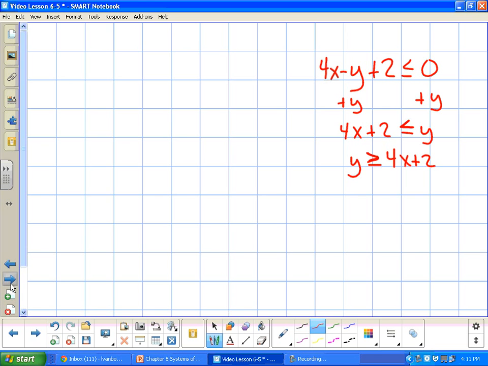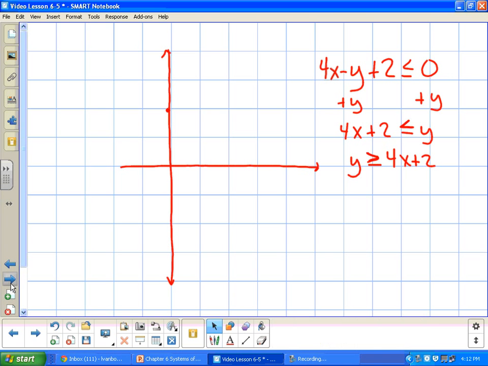I'm going to draw my graph. My y-intercept is at 2. Let me back up. Let me count by 2's here because, well, here, let me draw my x-axis again.